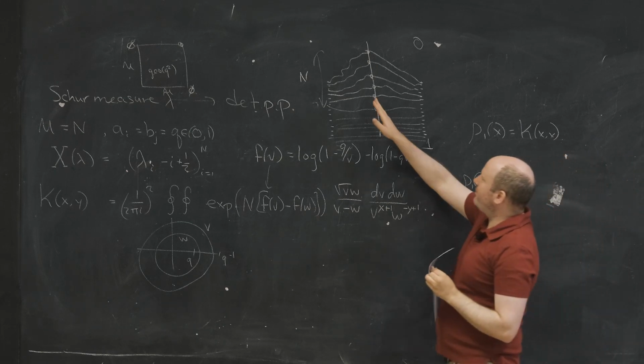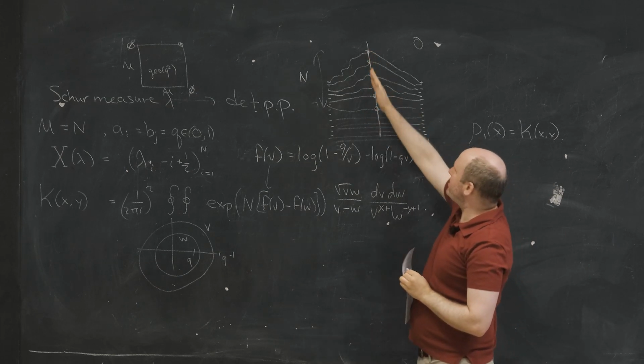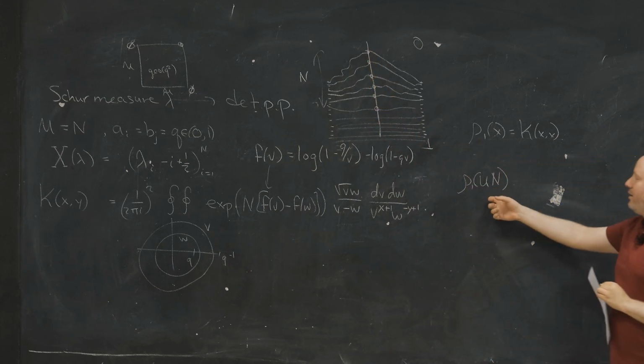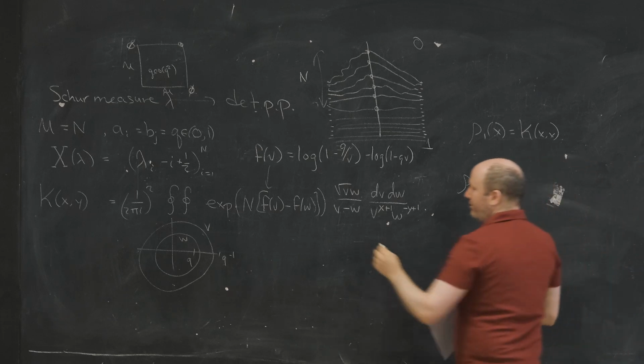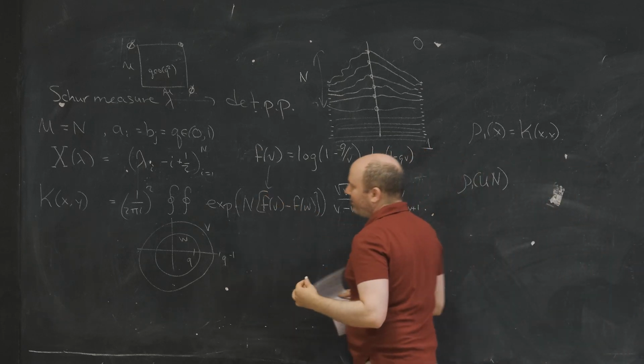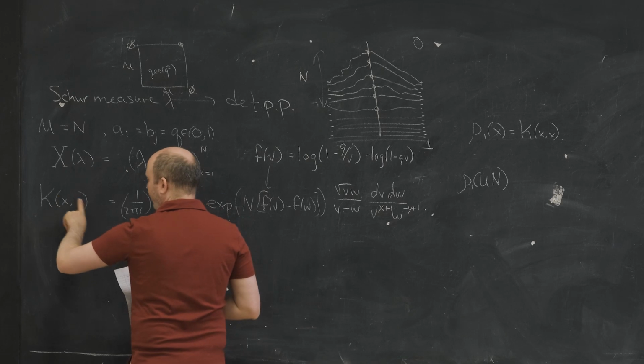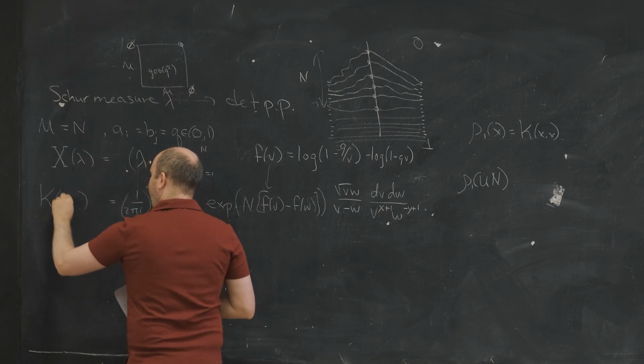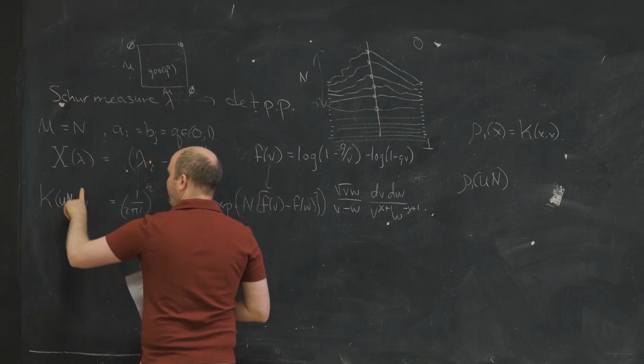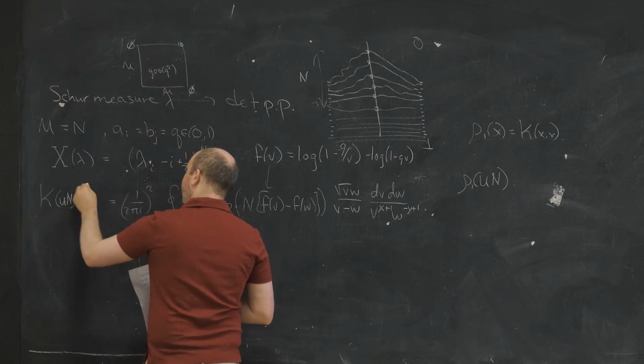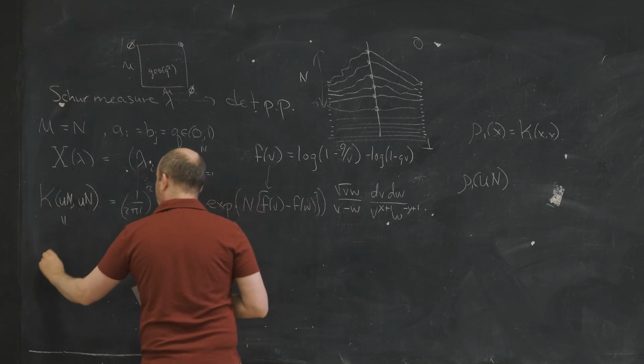Because this is going to say, as I vary in the scale of this limit shape, what will the density look like? And so when you do that, so maybe now let me look at this formula where I have un. So this is going to be the first correlation function.